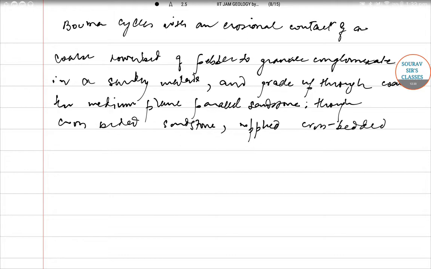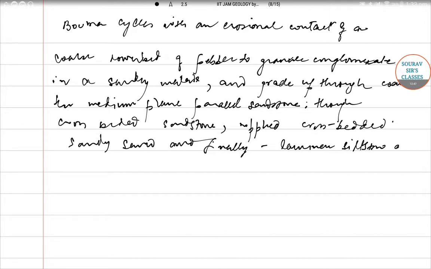It has to be cross-bedded, okay? Sandy, or you can use silty sand as well. And finally, the laminar siltstone and shale.